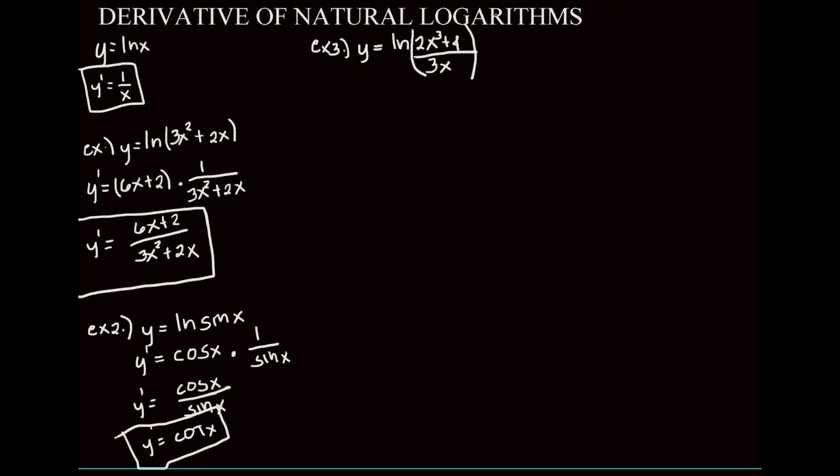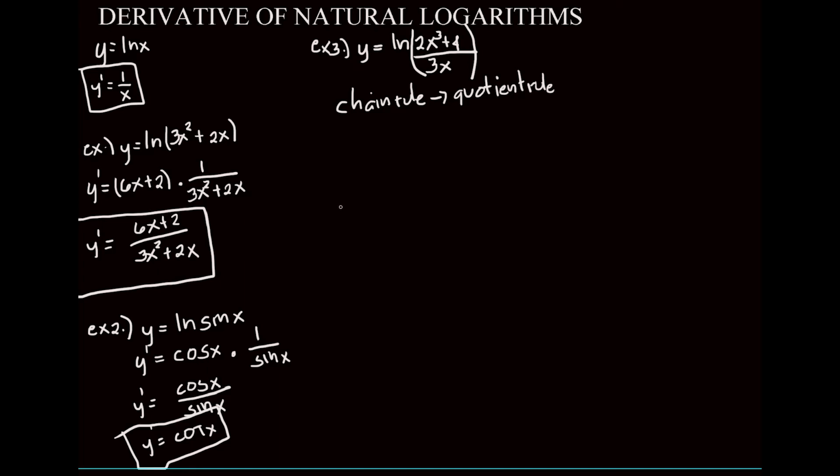Therefore, we're going to use our chain rule. And not only that, we also have to use the quotient rule. I just wanted to make sure that's the correct spelling. Yes, that's the correct spelling. So the quotient rule and the chain rule.